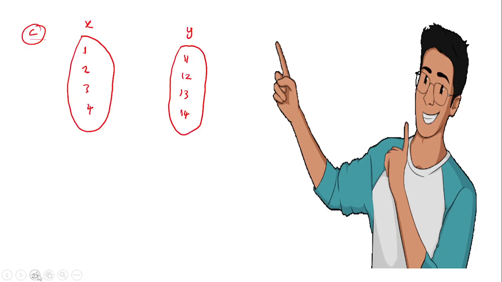In this case, this one will go that way, and then this one will go that way. This one will also map onto 13, and then 3 will map onto 4.